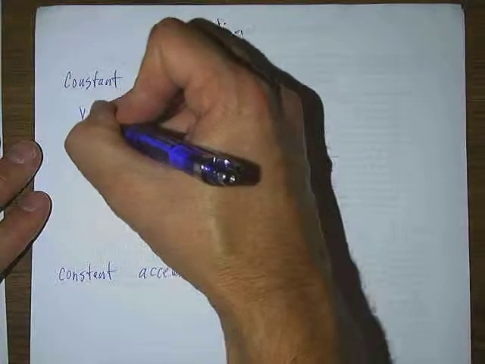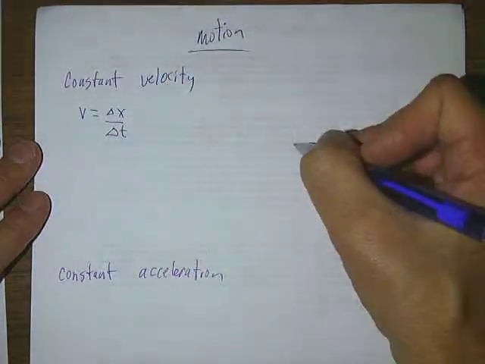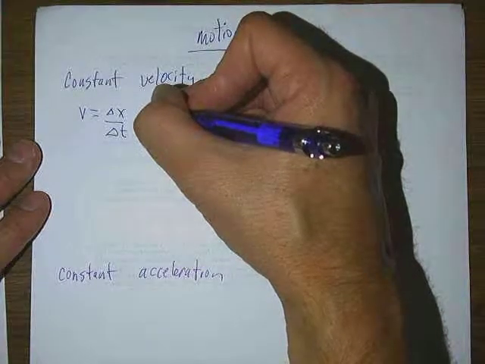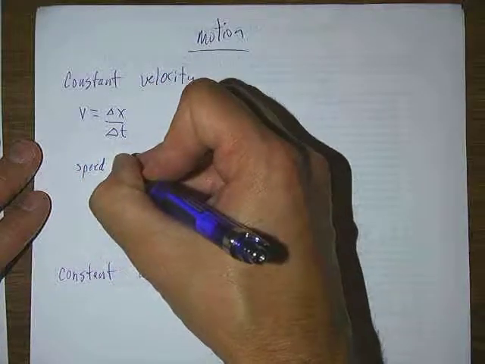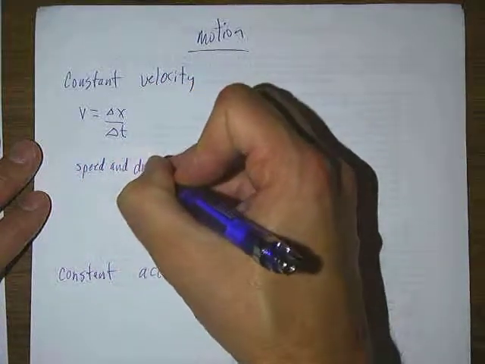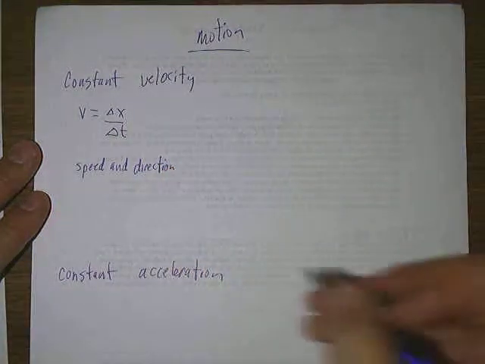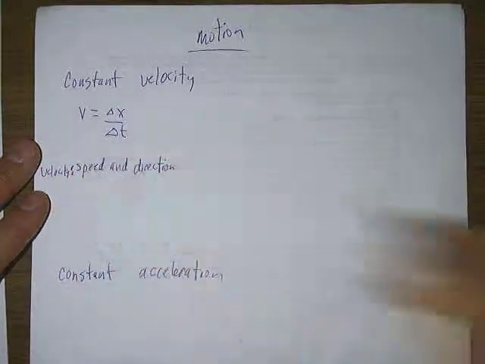So we have a definition of velocity: change in position over change in time. Or in other words, it's how quickly your position is changing. Remember, velocity is different than speed, at least in one way, in that it includes a direction. There's another way, but we won't test on that much. So velocity is your speed plus your direction taken together.